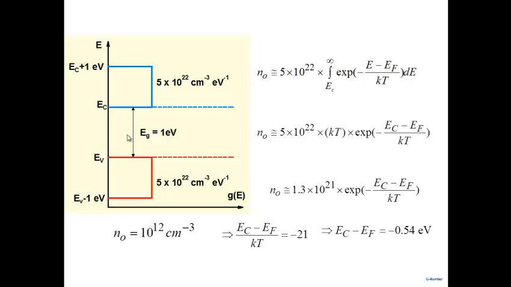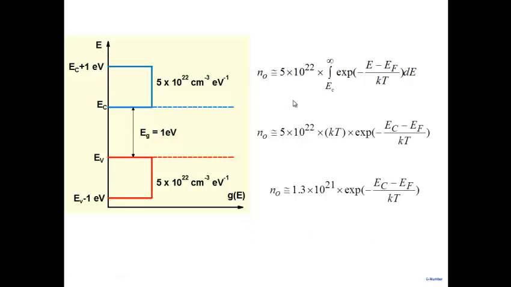And EC minus EF turns out to be 0.54 EV, so EF is 0.54 EV below my conduction band. Now, was my approximation correct, that I approximated Fermi-Dirac by the exponent? You can see here EC minus EF by KT is 21, so anything above will be even larger.